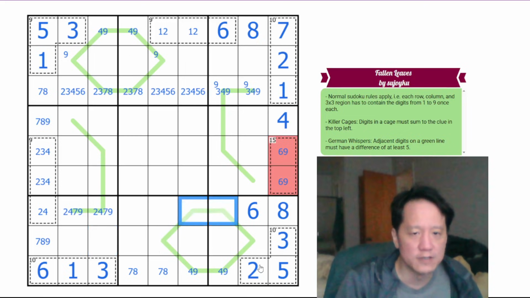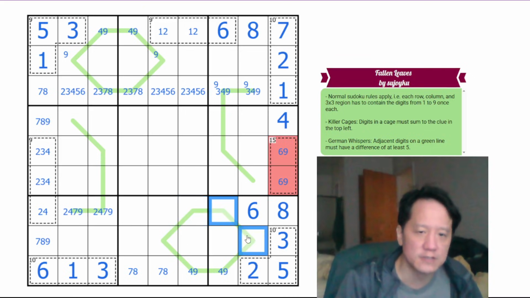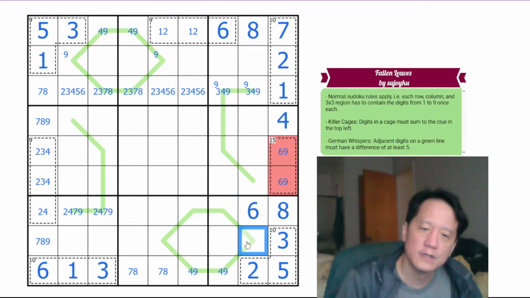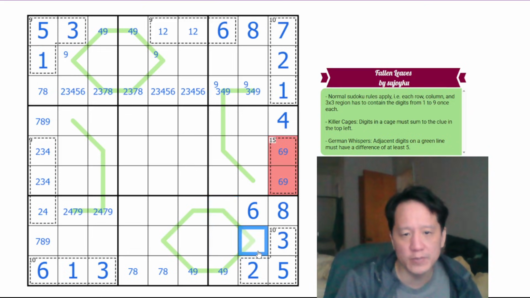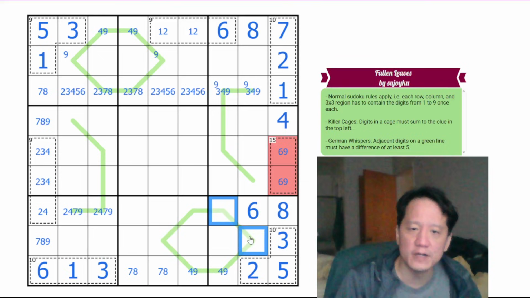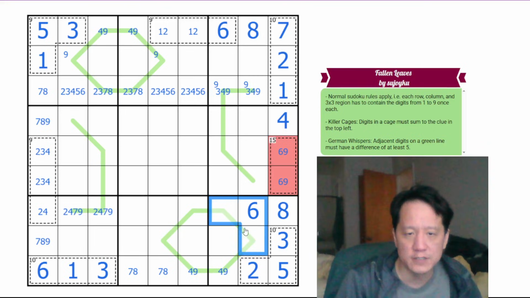One of these is low. We're not sure which. One of these is low, and... Okay, so 4 cannot be here. So we must have 1 as one of these digits here, because if 1 is not one of these digits, you can't have 4 in either one.